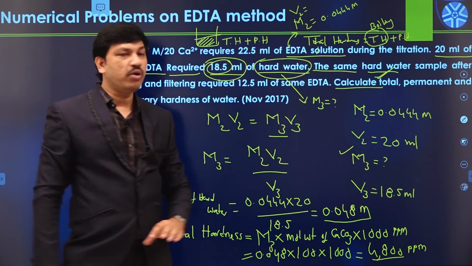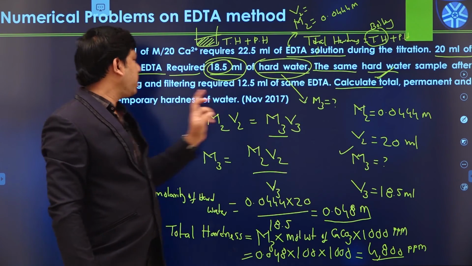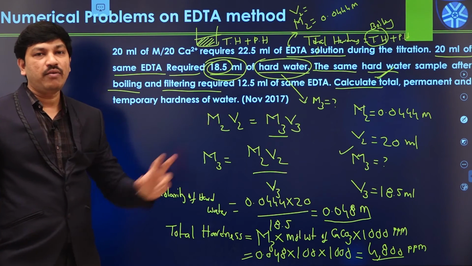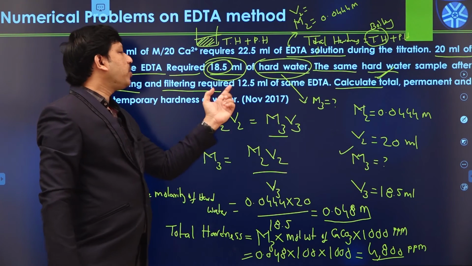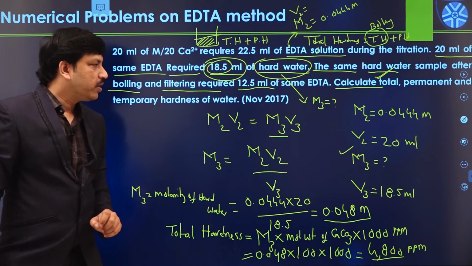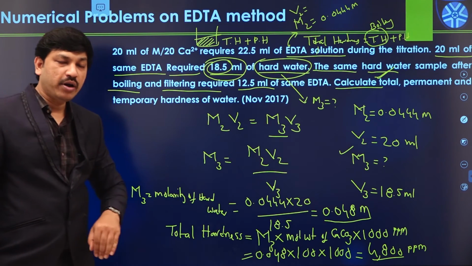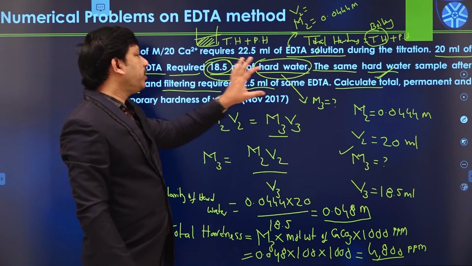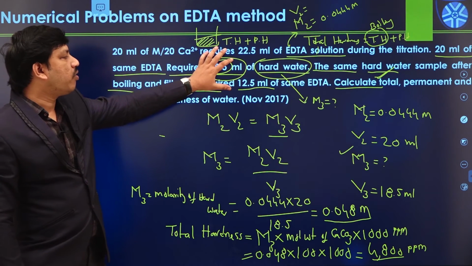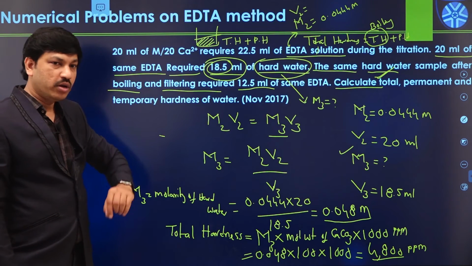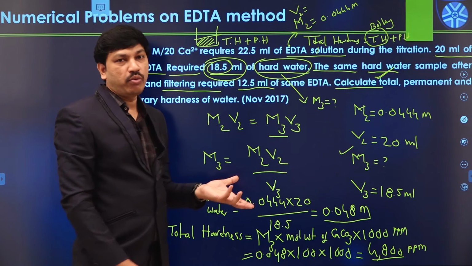The same amount of hard water sample, after boiling and filtering, required 12.5 ml of the same EDTA. So that means, in order to measure the permanent hardness and temporary hardness values, they took the same amount of hard water, 18.5 ml, and then did the boiling process.